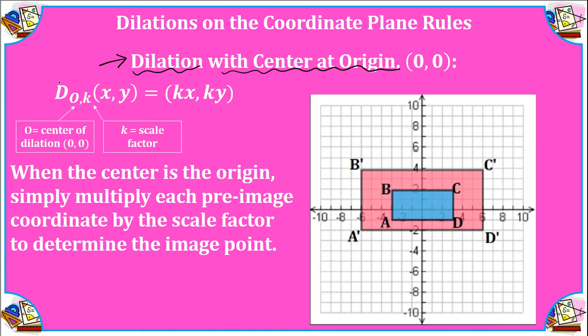Here is the notation. We have a capital D, we have a capital O for origin, and then k is going to be your scale factor. And then this will be your coordinate. And the rule is to multiply your pre-image coordinate by whatever the scale factor is. So I would jot this sentence in my notes.